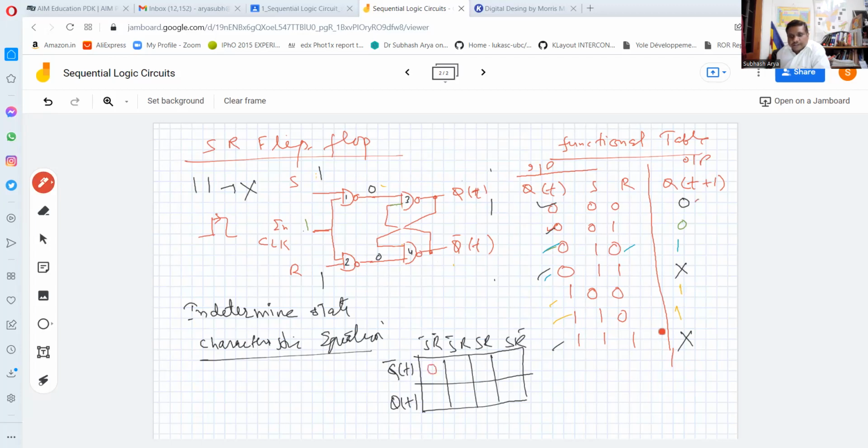So 0 here, 0 here, this is 1 here, this is not clear here. I think something is missing. Oh, one case is missing here. That is 5. Not 0, 1. So 1, 0, 1.